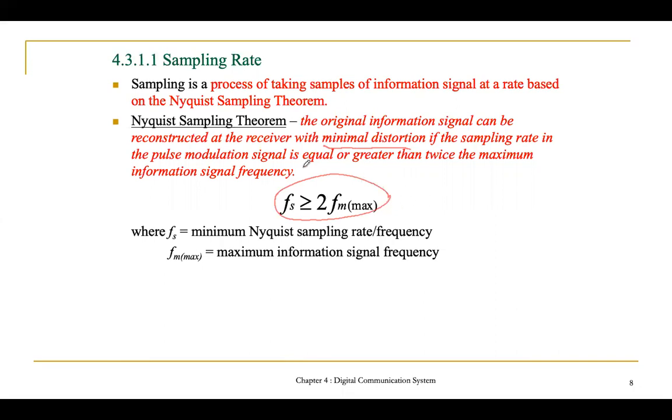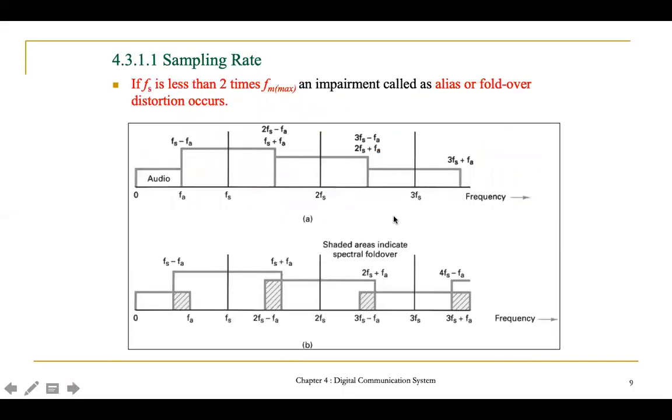So what happens if the sampling frequency is smaller than 2 fm max? Distortion or impairment will happen, and we call it alias or foldover distortion. If the sampling frequency is less than 2 times fm max, alias or foldover distortion will occur.